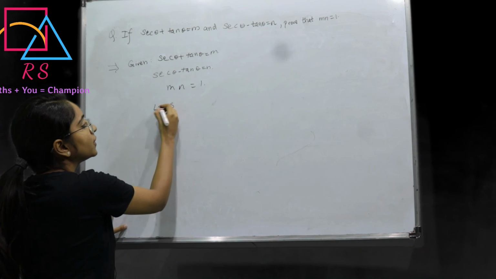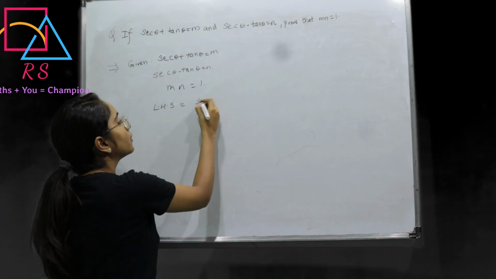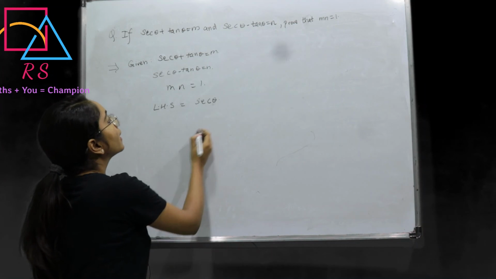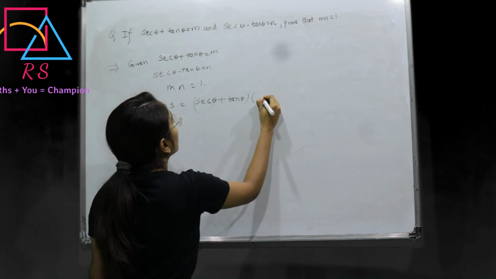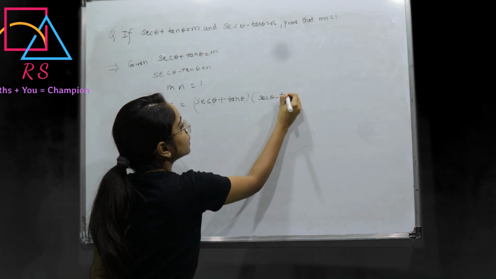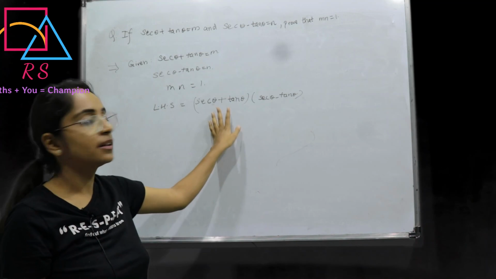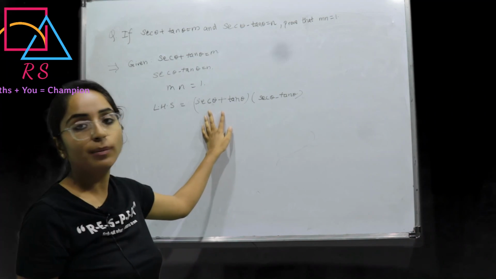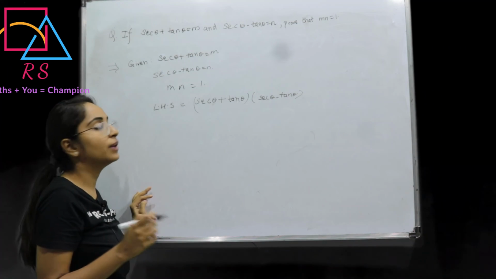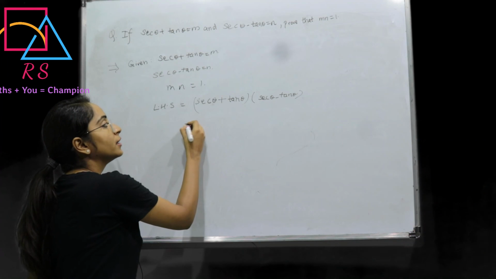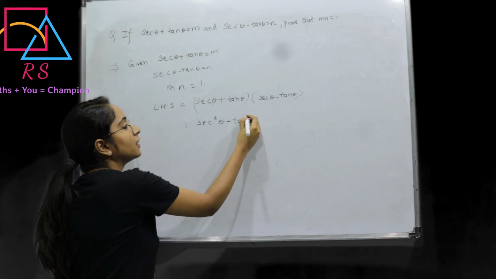Again I will consider the left hand side, put in the values and see if I get the right hand side. So I will put the value of m as sec theta plus tan theta, and n as sec theta minus tan theta. This is the formula a² minus b² is equal to (a minus b)(a plus b). So I can write it as sec² theta minus tan² theta.